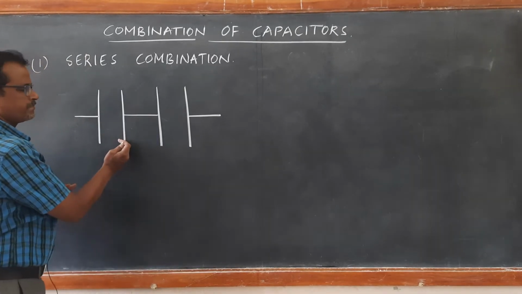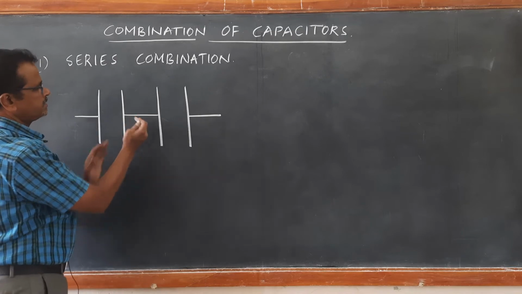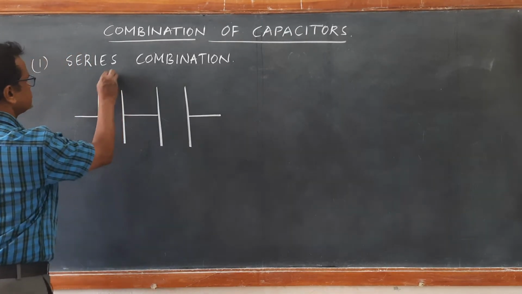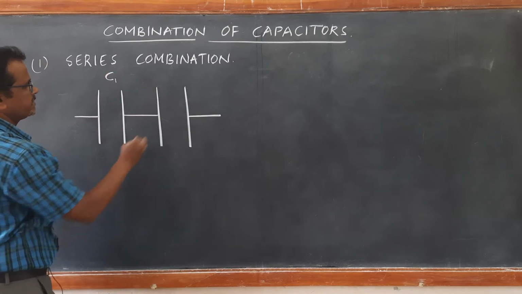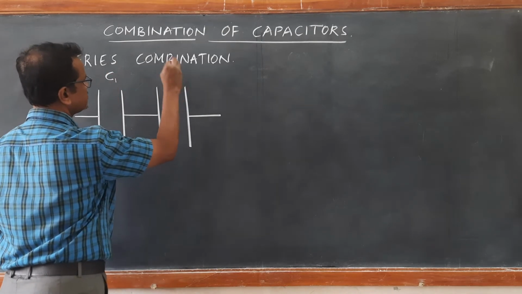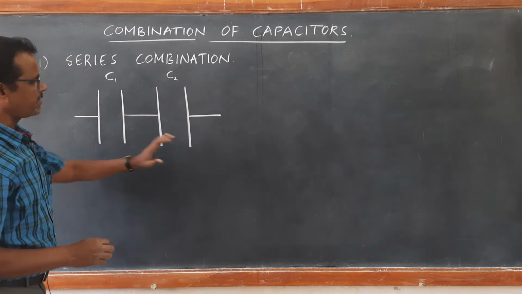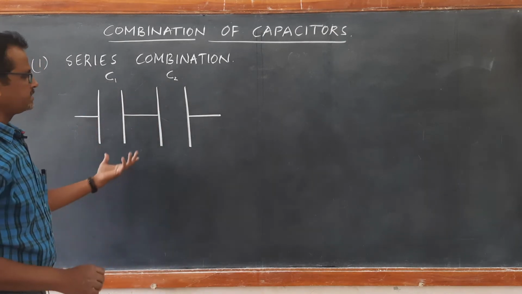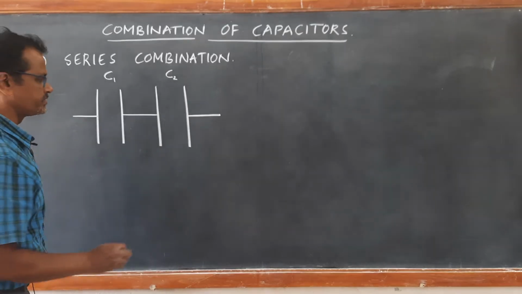The right plate or the right terminal is connected to the left terminal of the second capacitor. Suppose this is a capacitor of capacitance C1 and this is a capacitor of capacitance C2. If they are combined left to right in this manner, then this is called series combination.